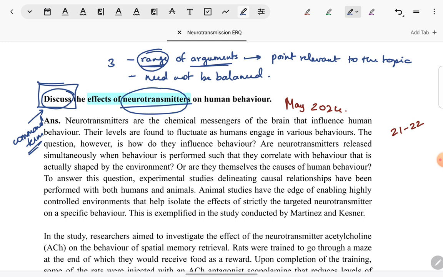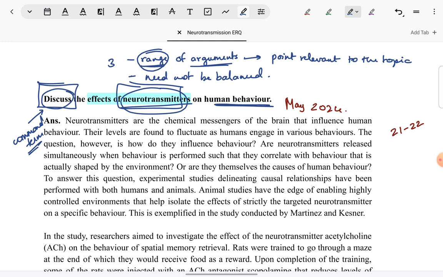Next is to read the question very carefully. Some students just read the keyword, which is neurotransmitters. Undoubtedly, that's the most important thing. But when they say on human behavior, this is equally important, that you have to have some specific behaviors that you are going to be discussing in the answer.